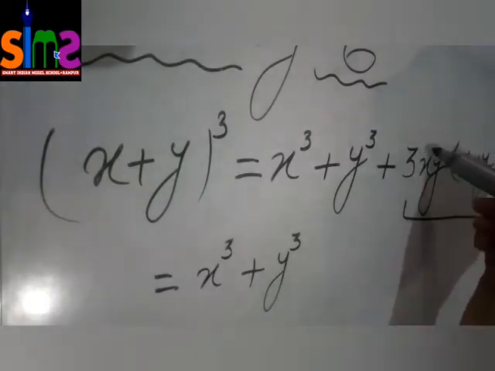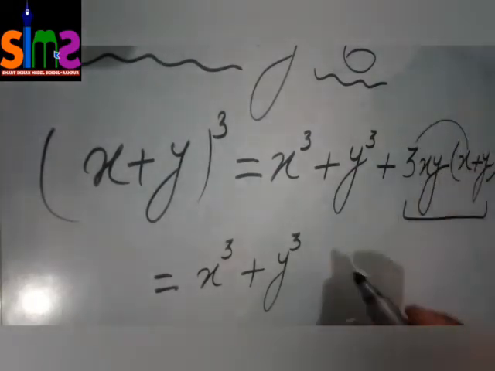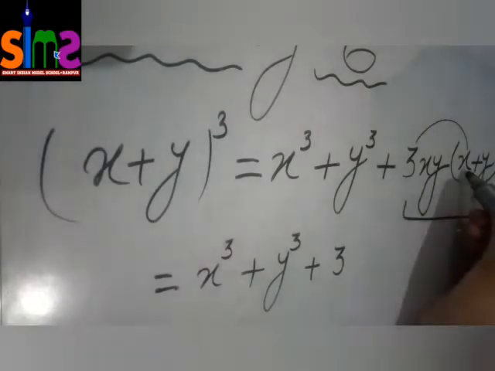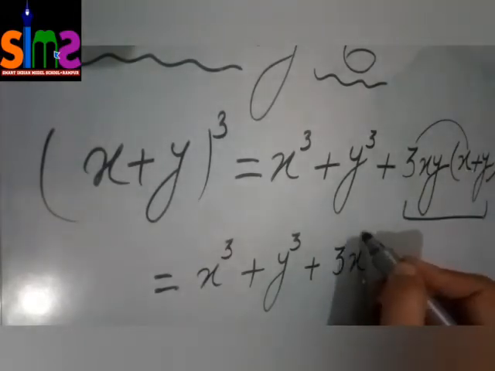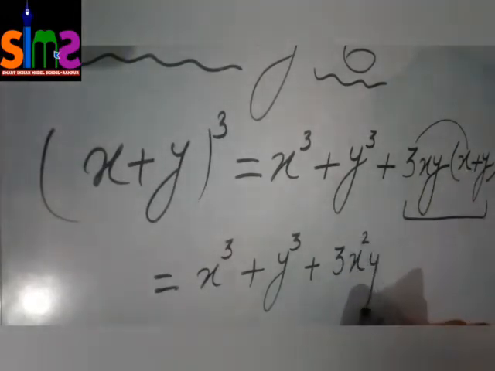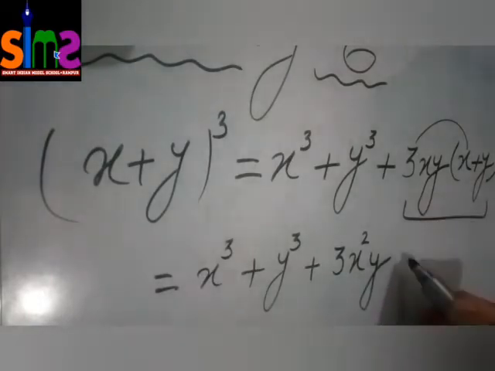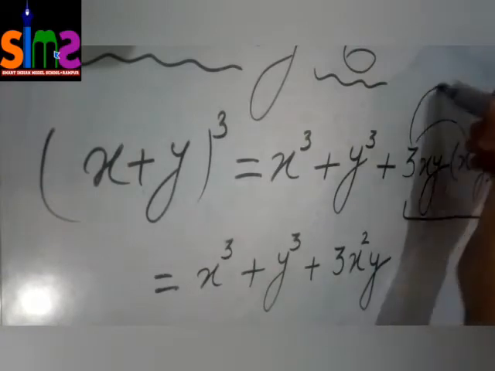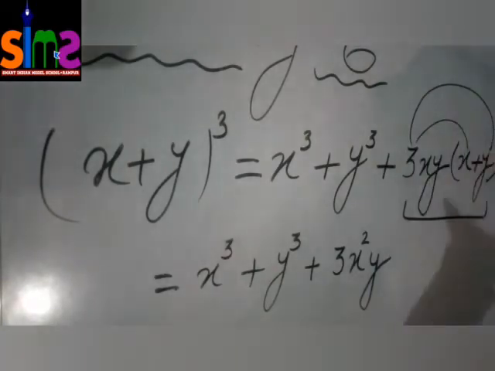First of all, we will multiply this 3xy to this x. So 3 will remain 3, but x multiplied by x will become x square, and y will be only y.